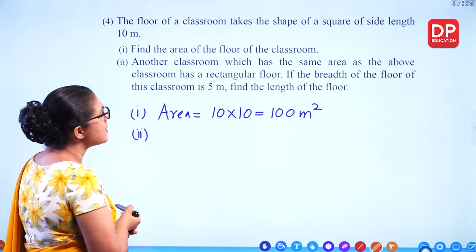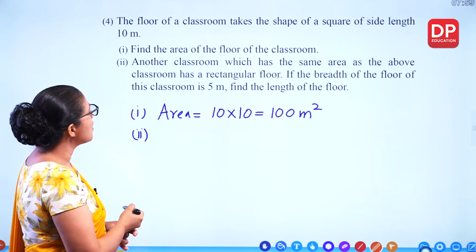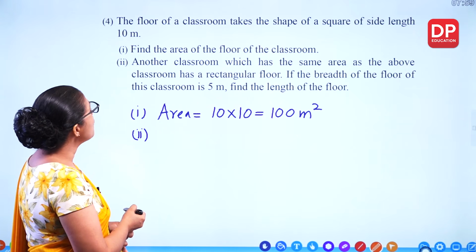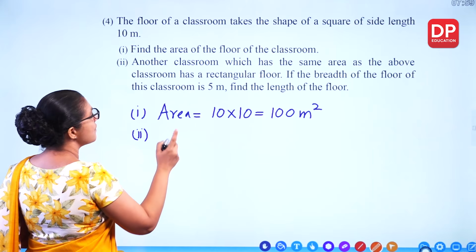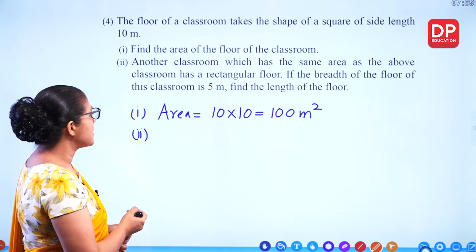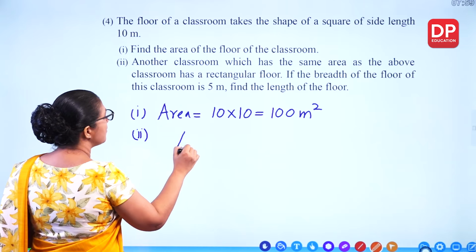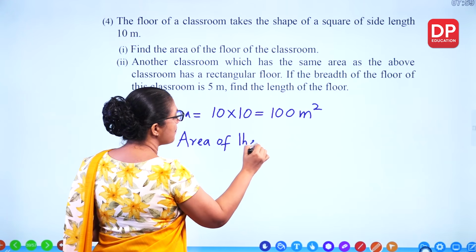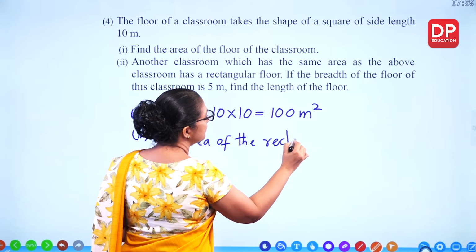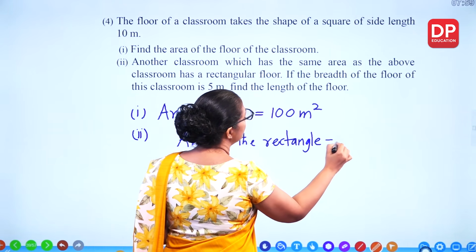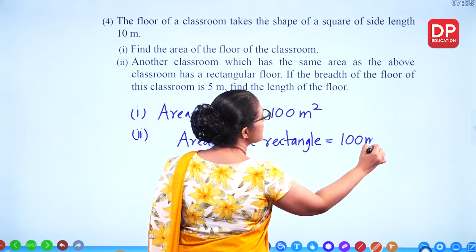Another classroom which has the same area as the above classroom has a rectangular floor. If the breadth of the floor of this classroom is 5, find the length of the floor. So now it's a rectangle. So the area of the rectangle is the same. That's 100 square meters.